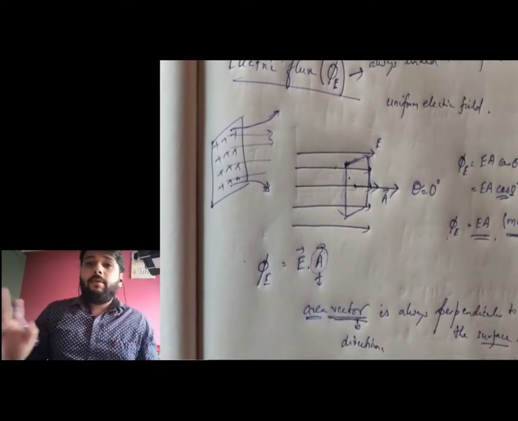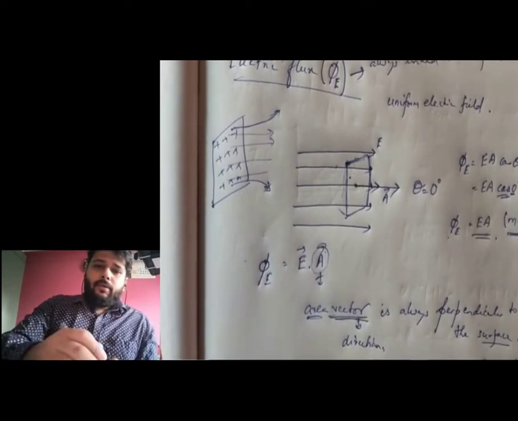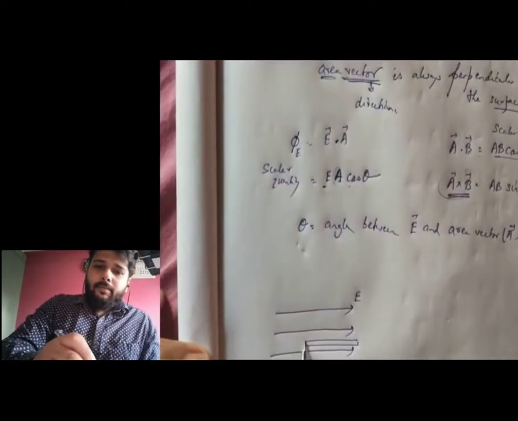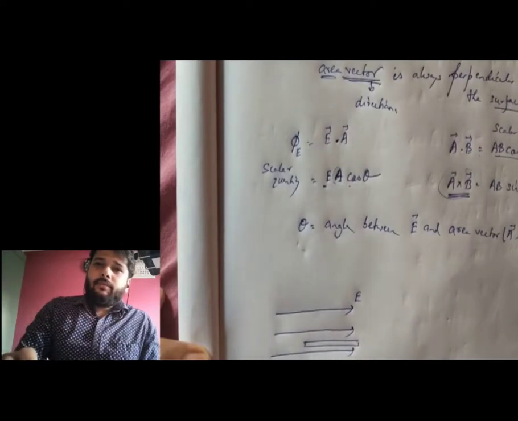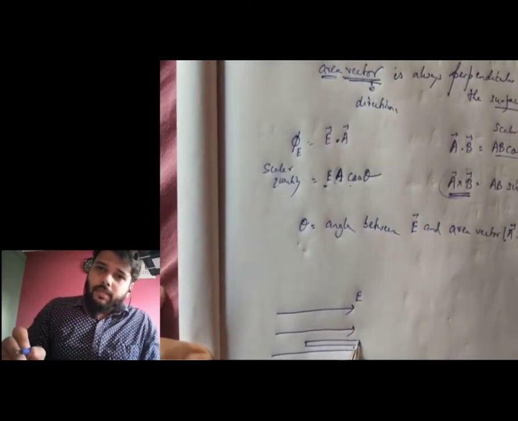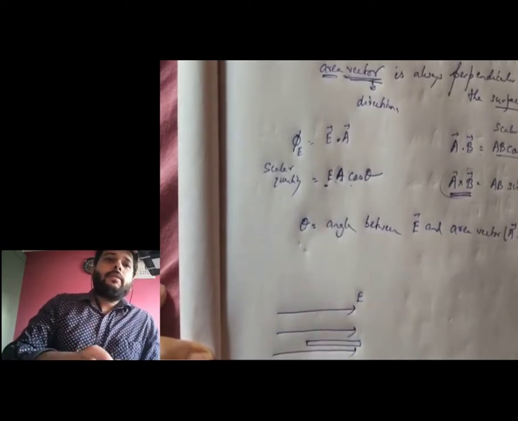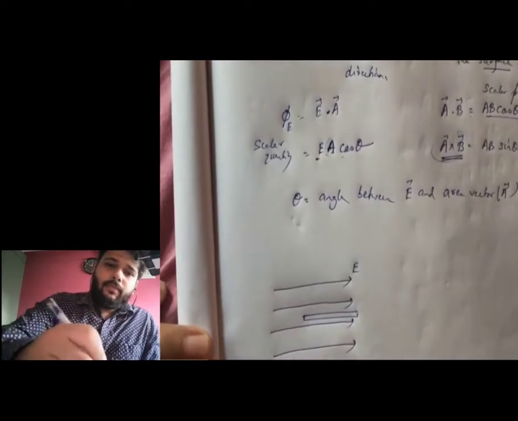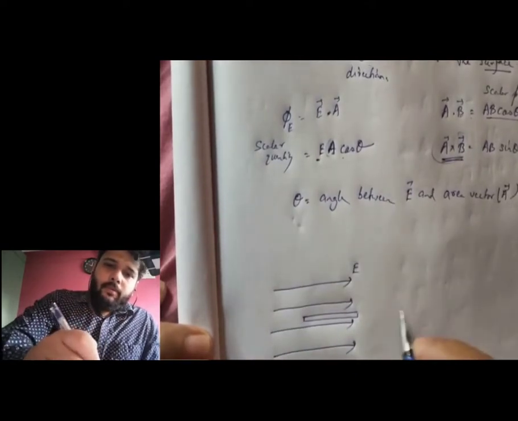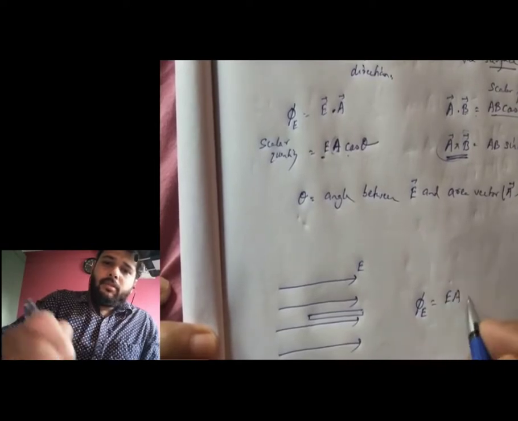Okay, now suppose I keep the surface along the direction of electric field. So what will be the electric flux linked with this surface? We know that phi E is equal to EA cos theta.